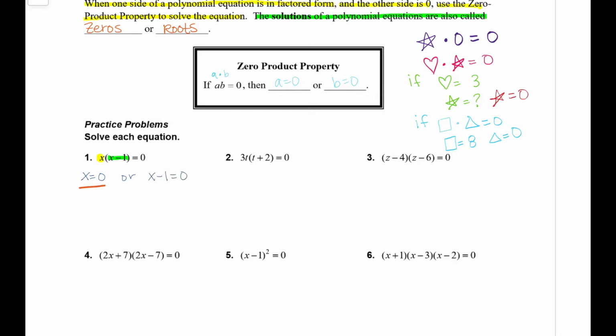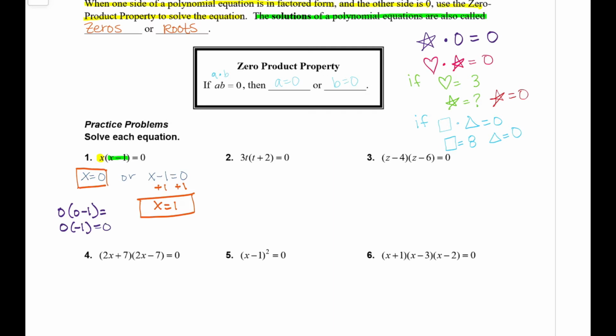Now we're going to solve both of these for x. If we look at x equals 0, that's already solved for x. We can't do anything to that. Whereas the x minus 1, we can add 1 to both sides, and we get x equals 1. Now if I were to check this, if we plug 0 into this equation, 0 times 0 minus 1 is 0 times negative 1, which gives me 0.